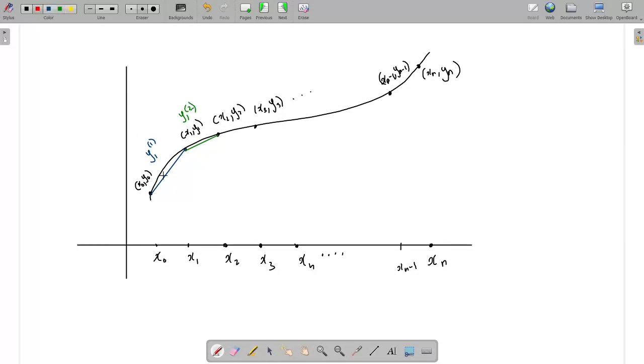Then we look at the polynomial passing through the next two points. Of course, these are extended, but I'm only interested in their values between the two points, so I will only draw this much. This is my y13.